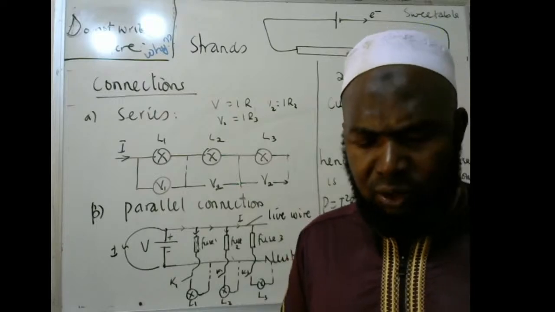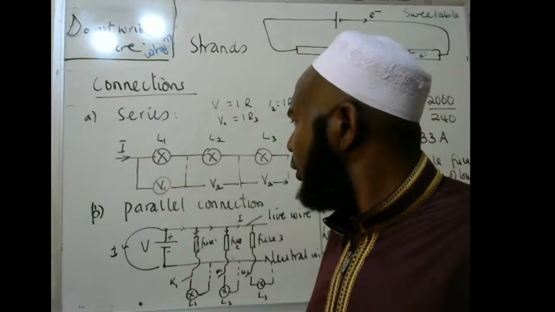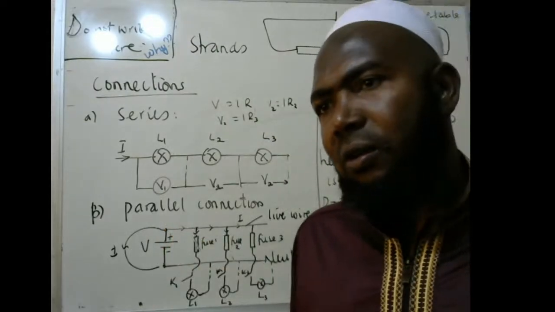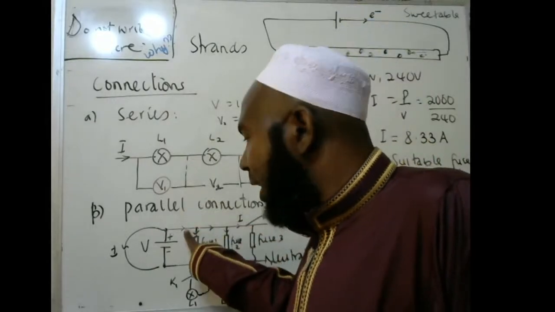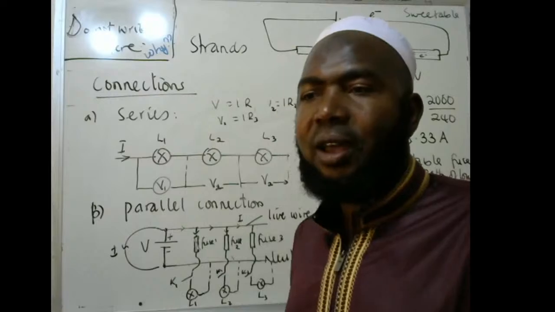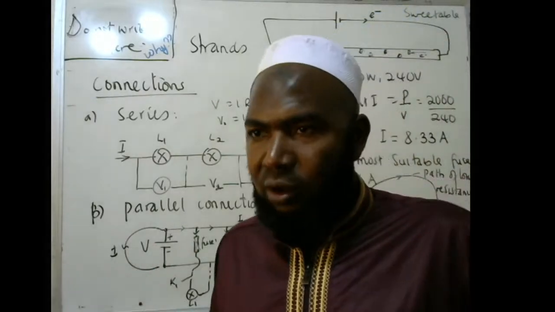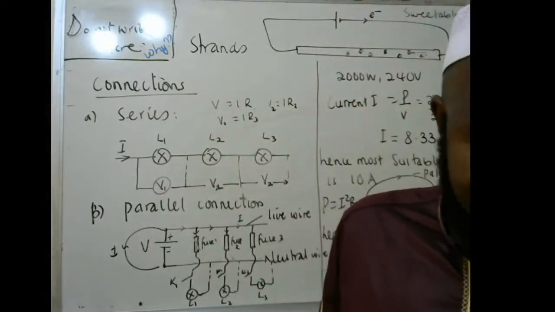So someone could also define short circuit as the direct connection from positive to negative terminal of the cell, or direct connection from the live wire to the neutral wire, because it's the same thing, or creating a path of low resistance. I don't know whether that one has been understood.